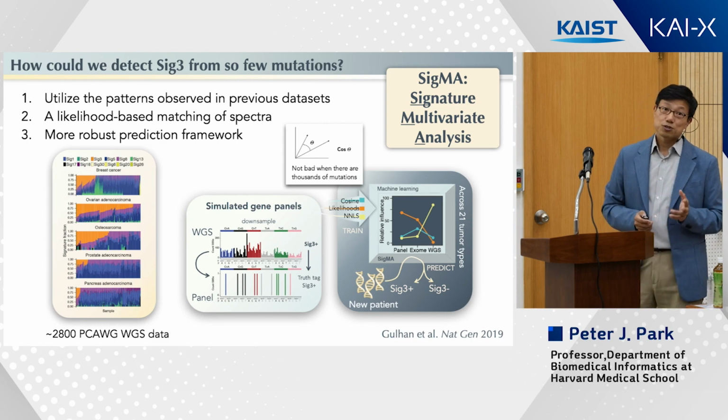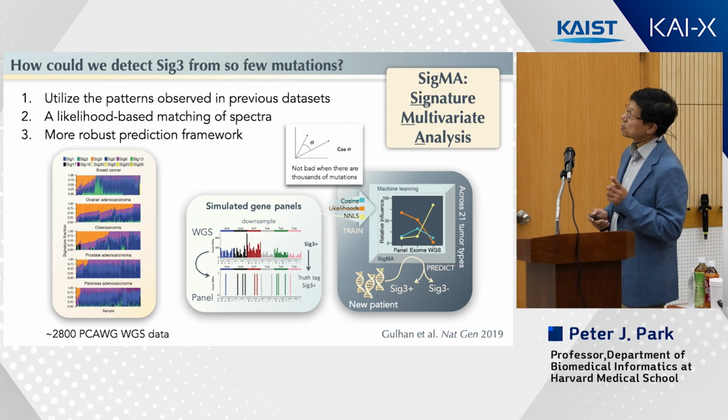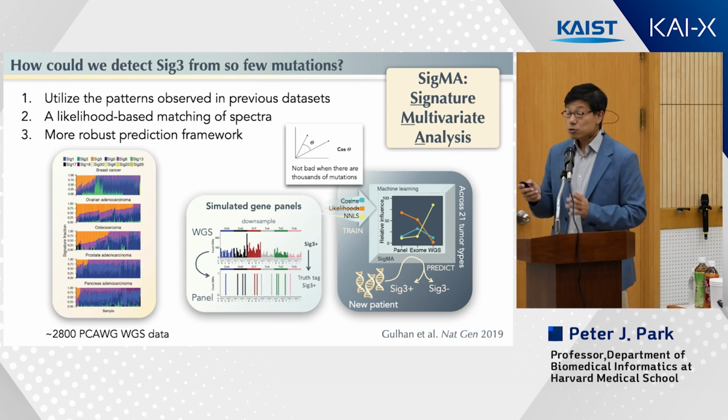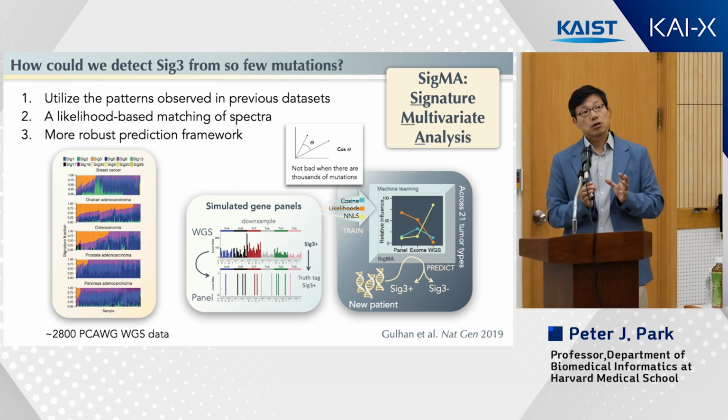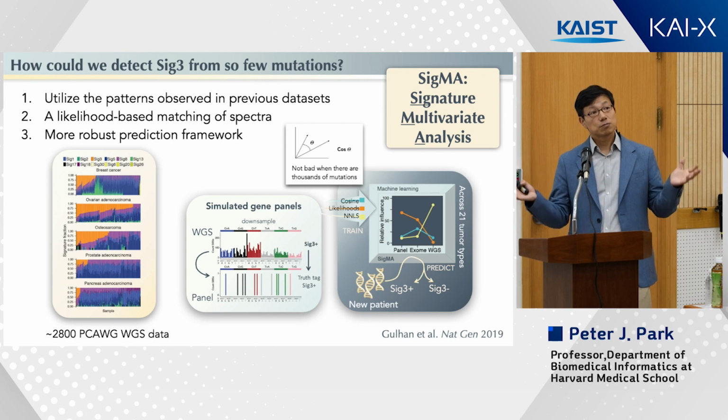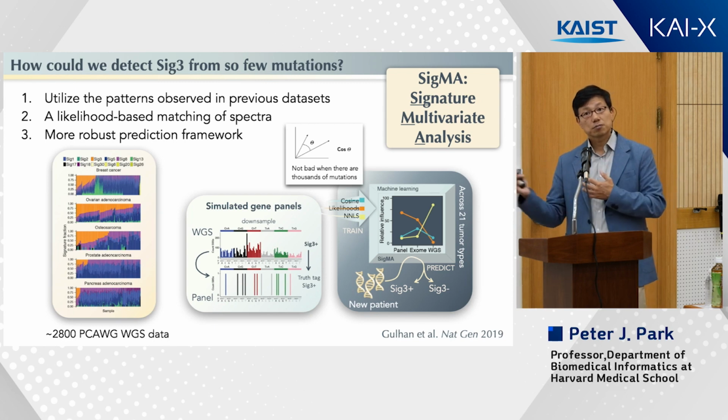I'm not going to tell you too much about the solution, except just a couple ideas. If I were to just look at that one profile, there's no way I can tell. But we know from a lot of genome sequencing data we already have some correlation structure between signatures. They're not totally random.